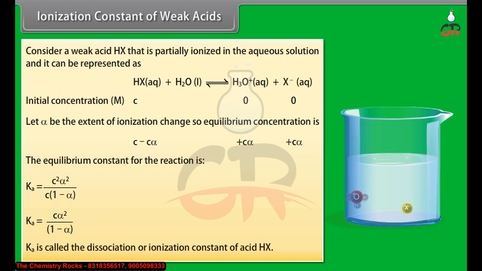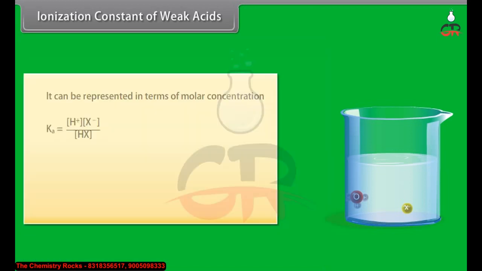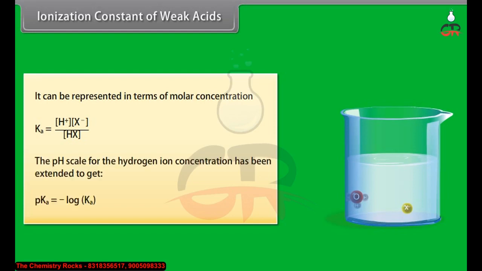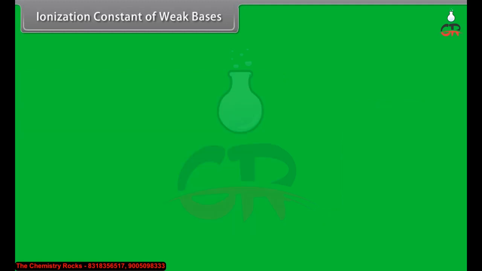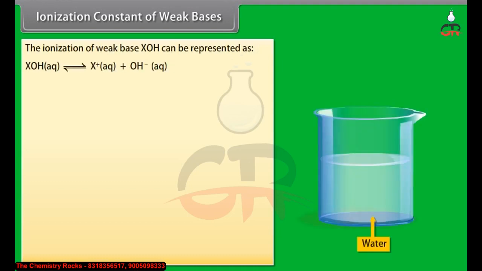Ka is called the dissociation or ionization constant of acid HX. It can be represented in terms of molar concentration. The pH scale for the hydrogen ion concentration has been extended to get ionization constant of weak bases. The ionization of weak base XOH can be represented as follows.